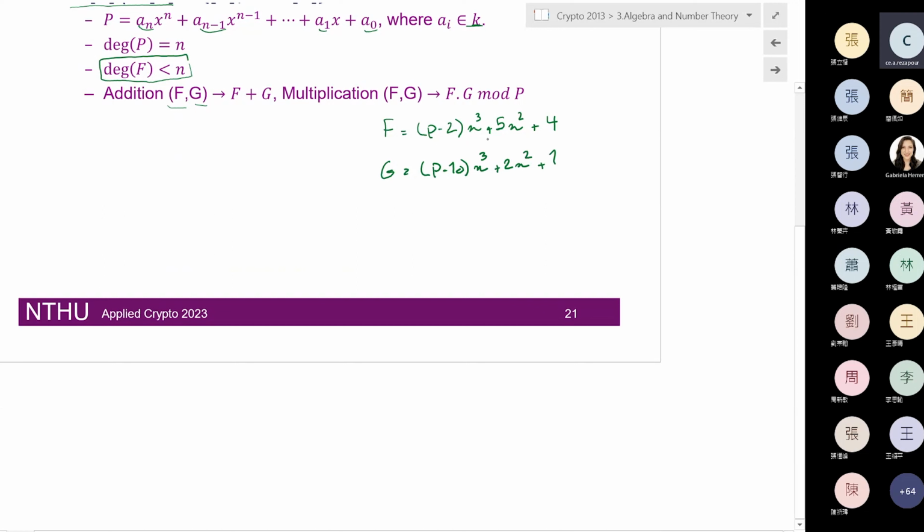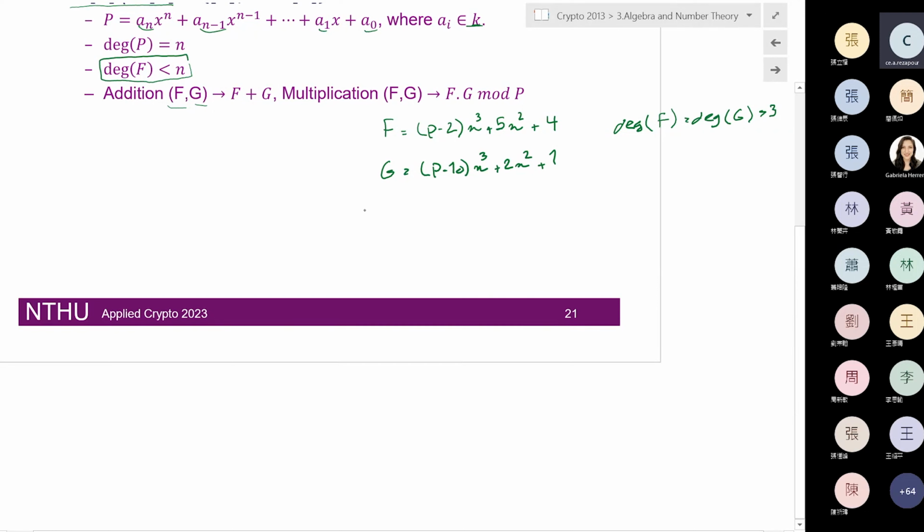So the degree, which is DEG, we follow that format, of f equals the degree of g equals just 3, right? So the highest exponent is 3.